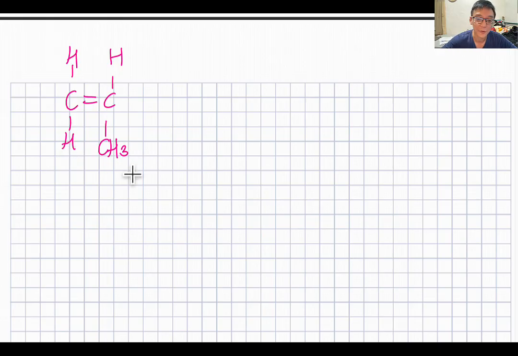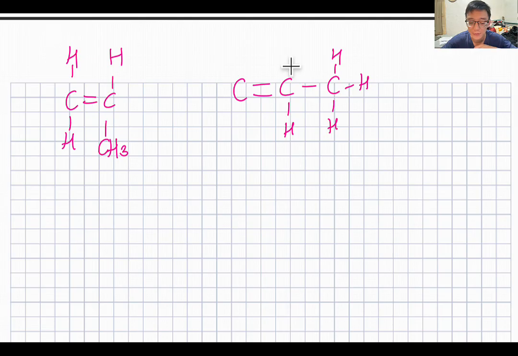So if you see, actually, you might be familiar with this. This is actually a similar drawing as this. So hydrogen. Then let me put the hydrogen here, hydrogen 1, 2, 3, 4.